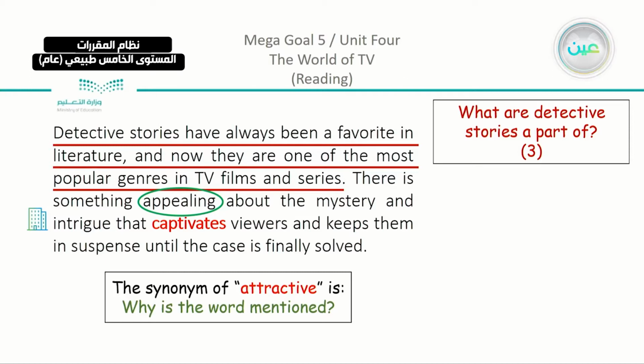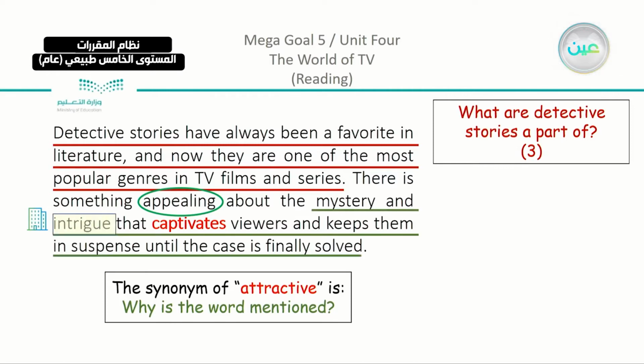Why is the word mentioned? Why am I saying that there is something appealing? So just to read and see here, okay, we have here, there is something appealing about the mystery and intrigue that captivates viewers and keeps them in suspense until the case is finally solved. So why are some viewers attracted or appealed? Why do they find it? Because they like the idea of mystery and intrigue.